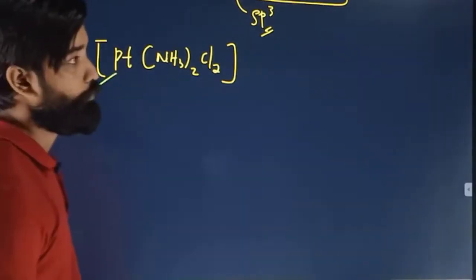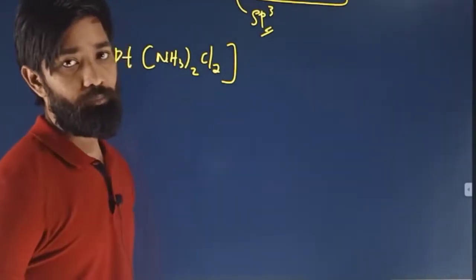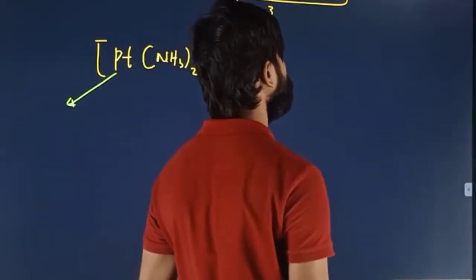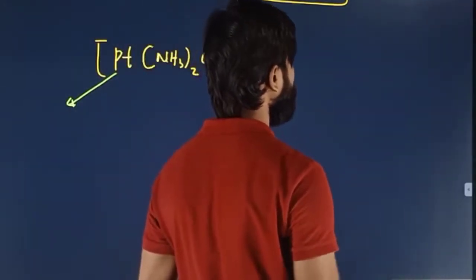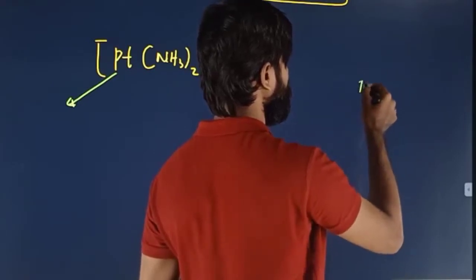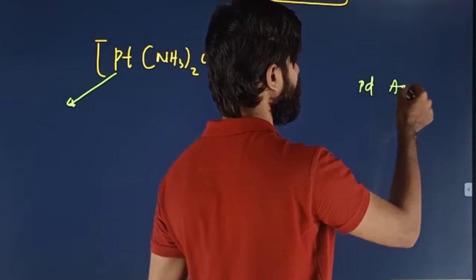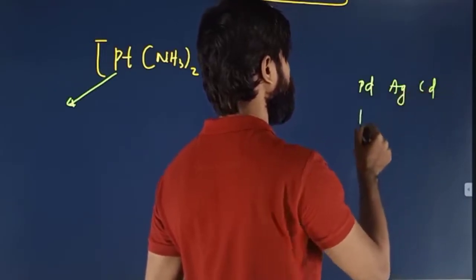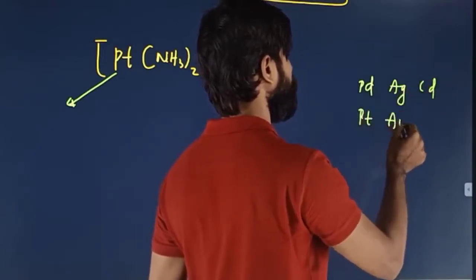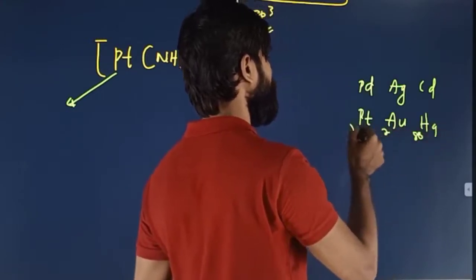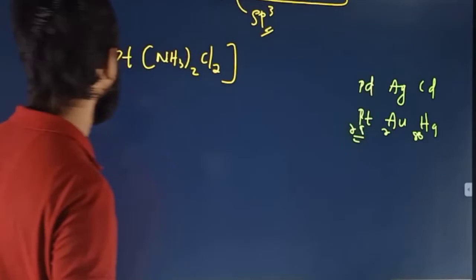So what is the atomic number of platinum? Palladium, silver, cadmium. Platinum, gold, mercury. 78 is the atomic number of platinum.